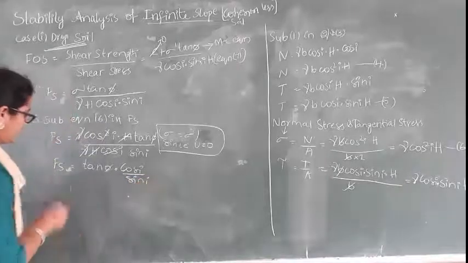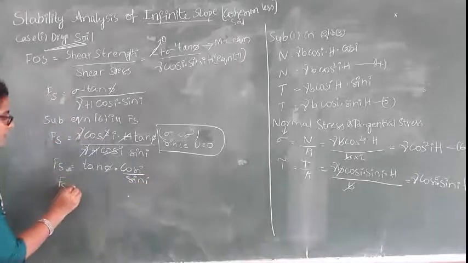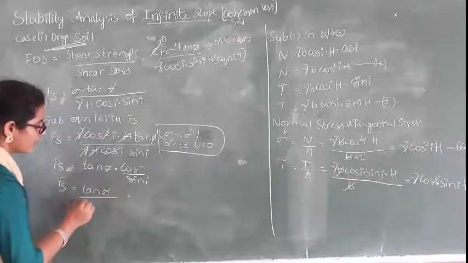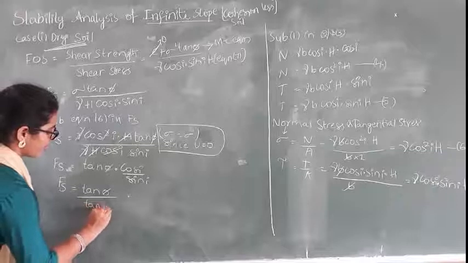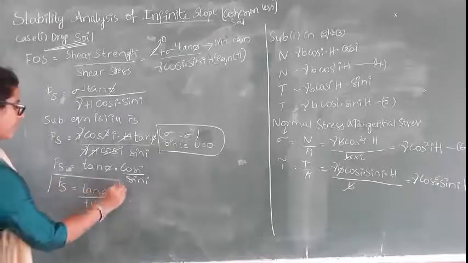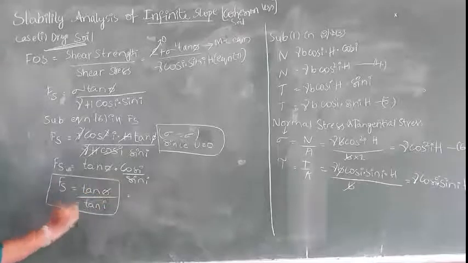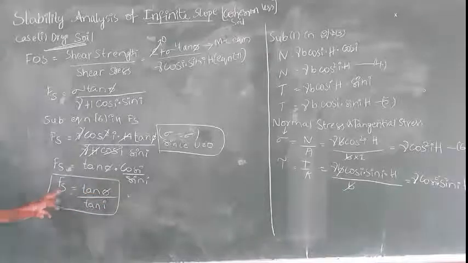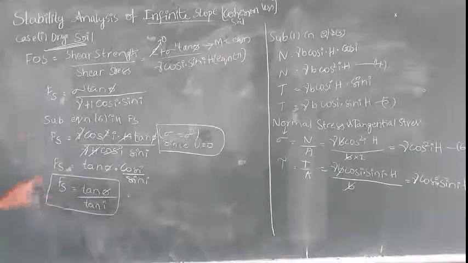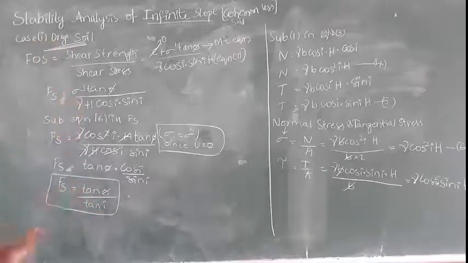Right? So this can be written as Fs is equal to tan phi by tan i. So this is the factor of safety for an infinite slope, cohesionless soil, when the soil is dry.